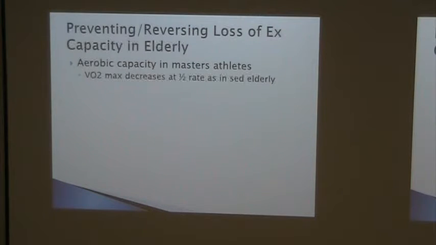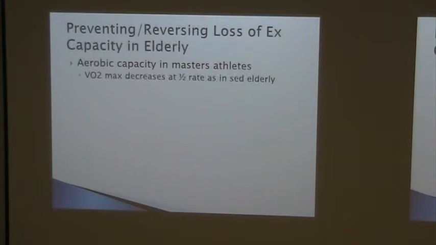With masters athletes, your VO2 max can decrease half as much as if somebody is sedentary. So take a 40-year-old who's very active, working out, keeping their VO2 max up, versus one that isn't exercising. They're going to have half of the VO2 max of this one.